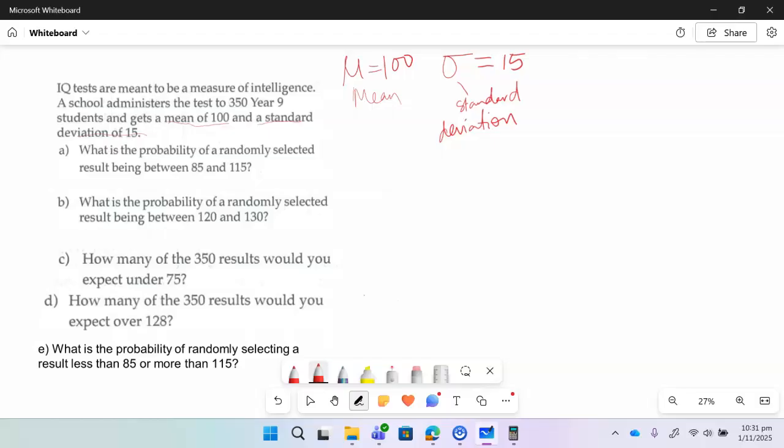Great. Alright, for the first question, what is the probability that a randomly selected result is between 85 and 115? So it always helps to give yourself a sketch like this. That's assuming that's what our normal distribution curve looks like. That's a very bad curve. Let's draw that again.